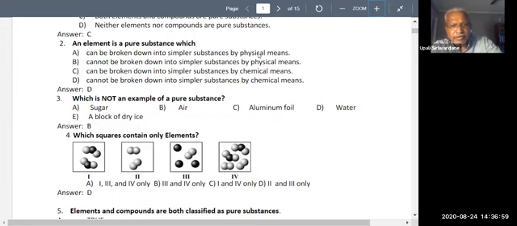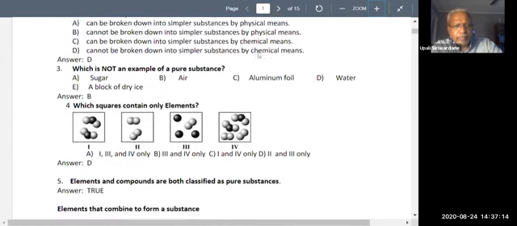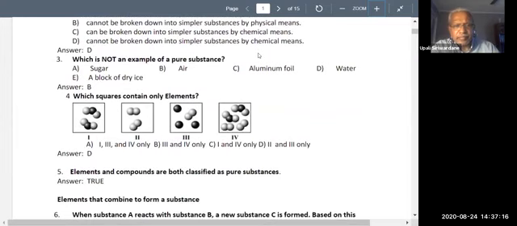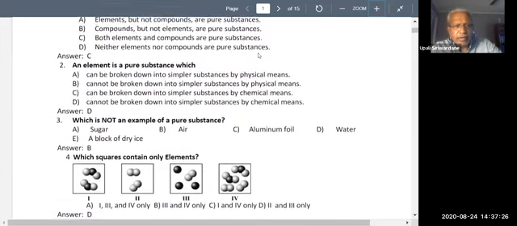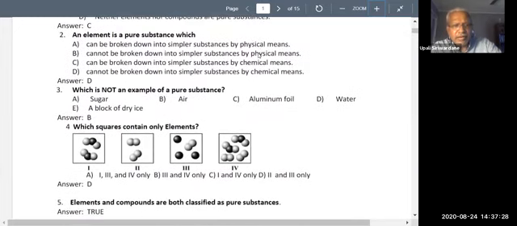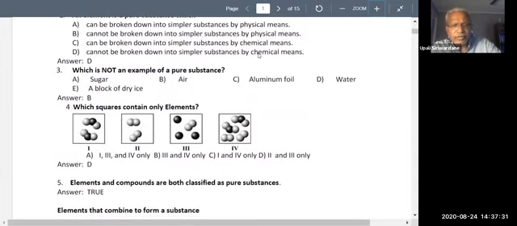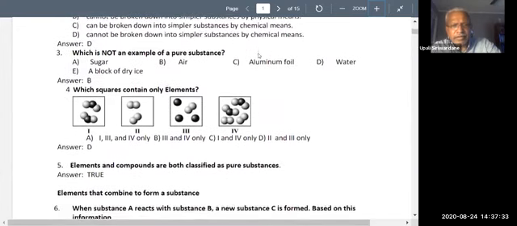Physical or chemical means, D is the correct answer. Normally not by physical means; by chemical means the compounds could be broken down. Elements cannot be broken down into simpler substances by chemical means.